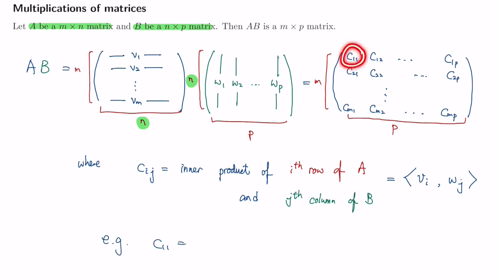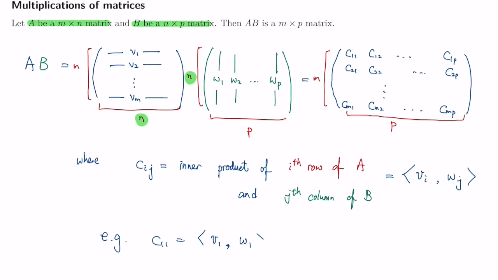So for example, how do I get C11? I should take the first row and take the dot product with the first column of B. So it would be the first row of A, comma, the inner product with the first column of B. And let's take a random entry, for example C2p.